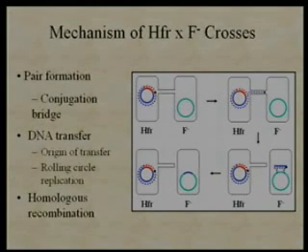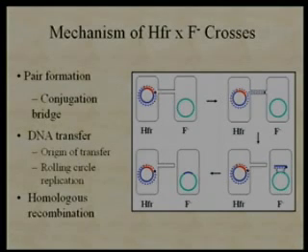Now, notice also in this case, the number of donor genes that can be transferred can vary depending upon when this disruption of the mating pairs occurs. If it occurs very early, only a few donor genes can be transferred. If the disruption of the mating pairs occurs late, you might get a larger portion of the donor chromosome being transferred.